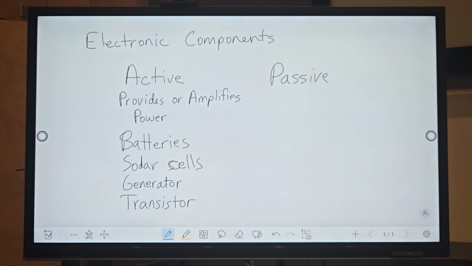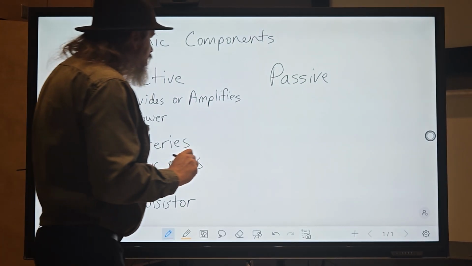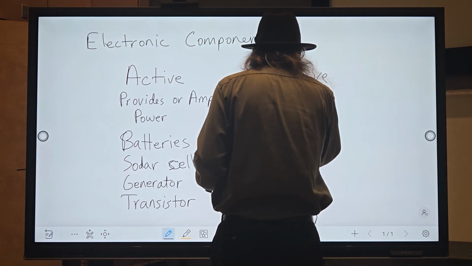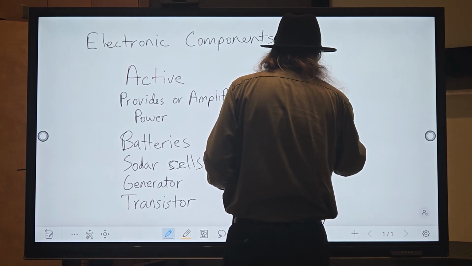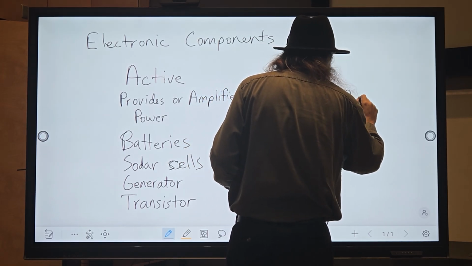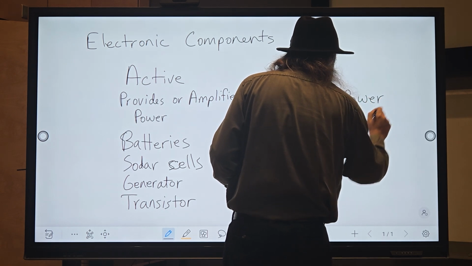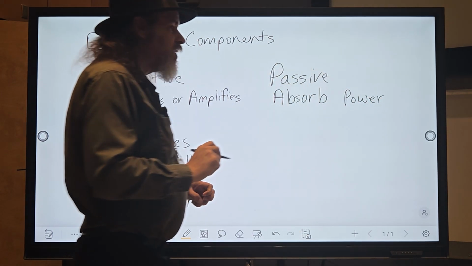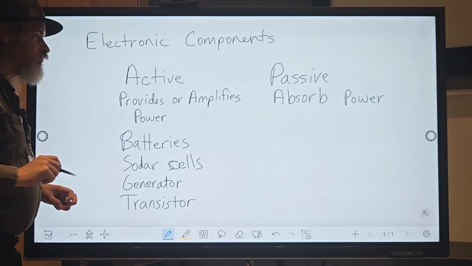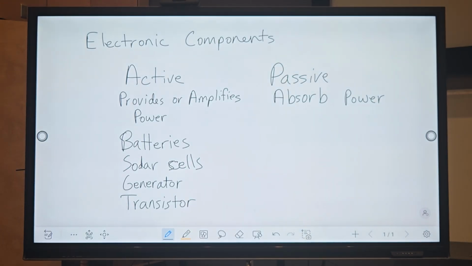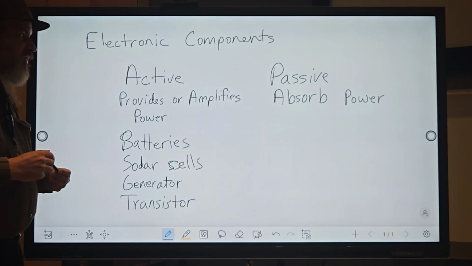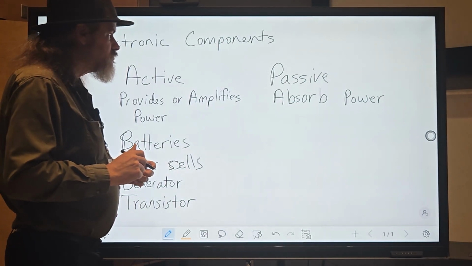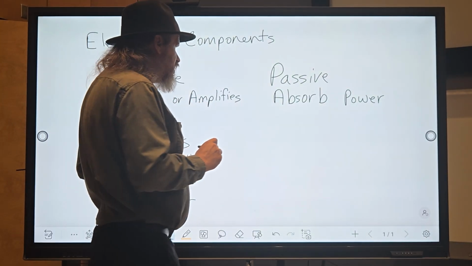Passive components absorb power. Most of the components that you're going to be using are going to be passive components.